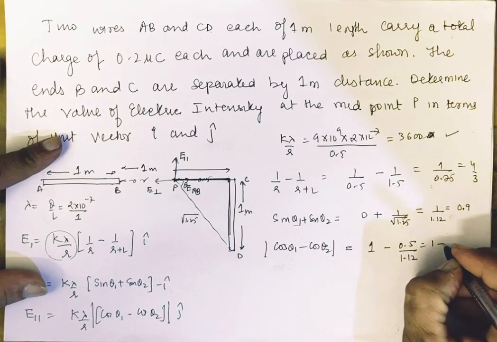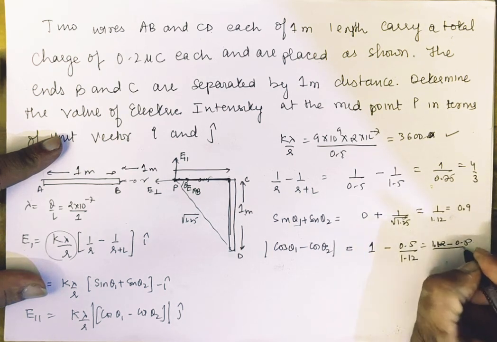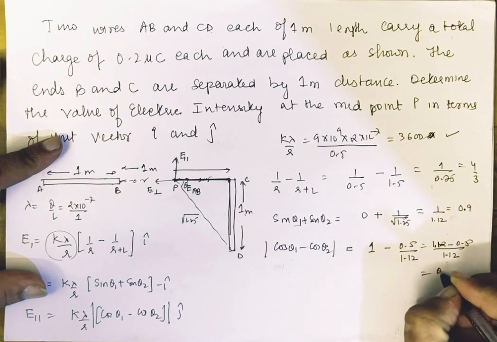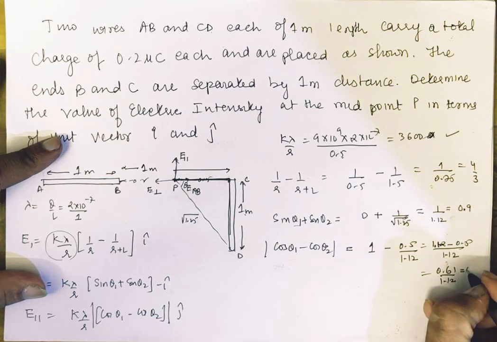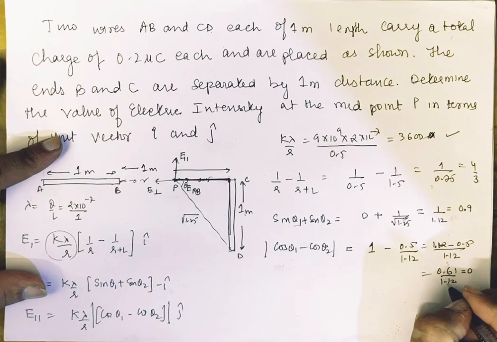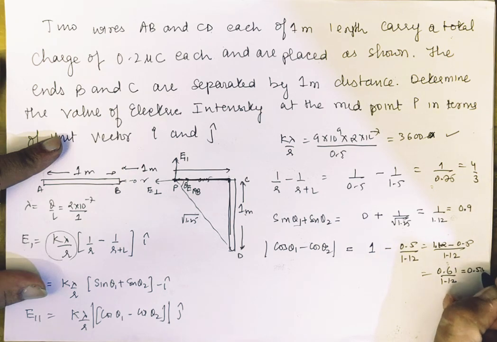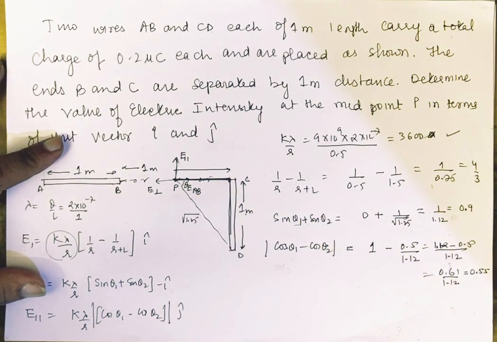So it is 1 minus 0.5 divided by 1.12, which is close to 0.55 approximately. So all the things I have calculated.